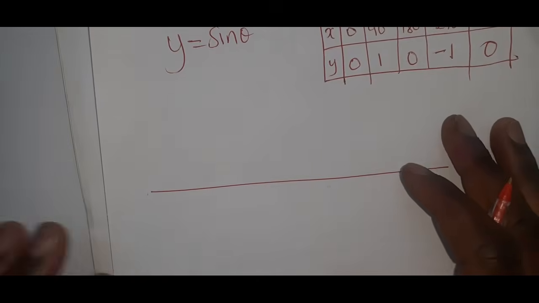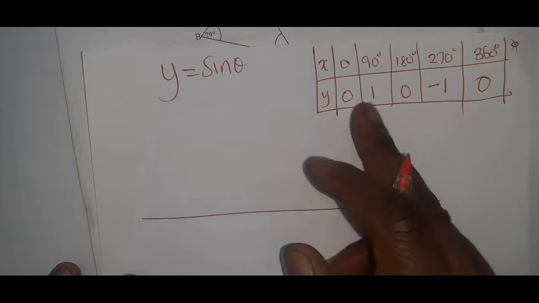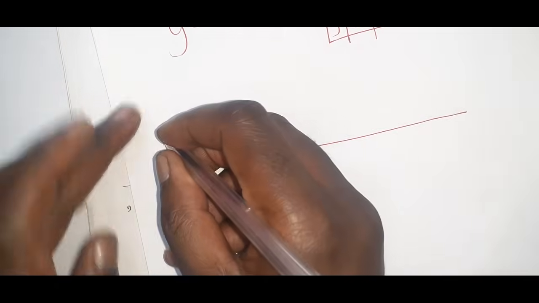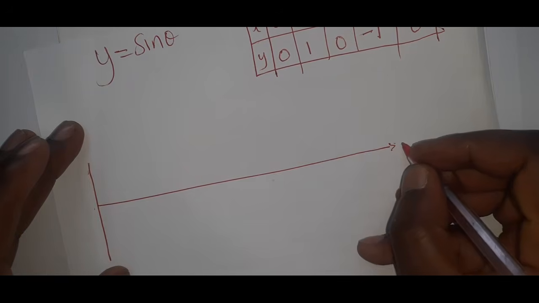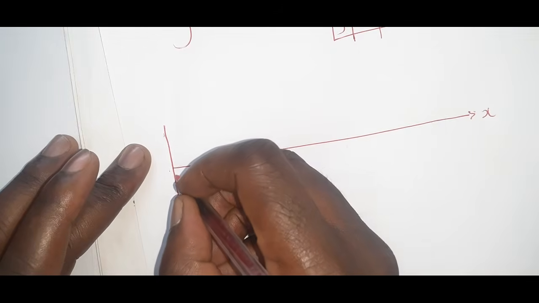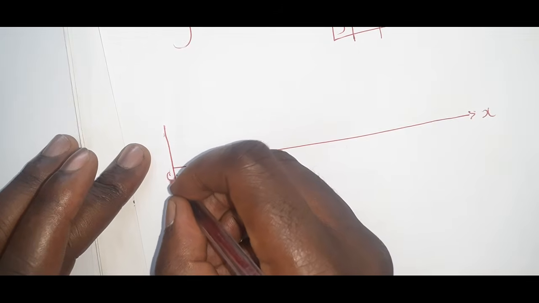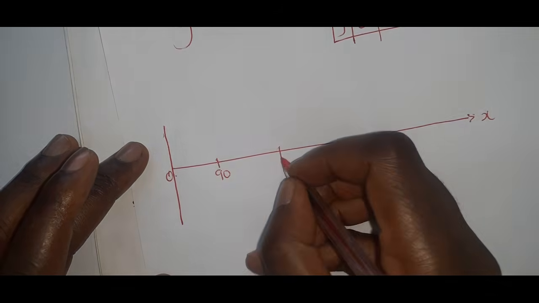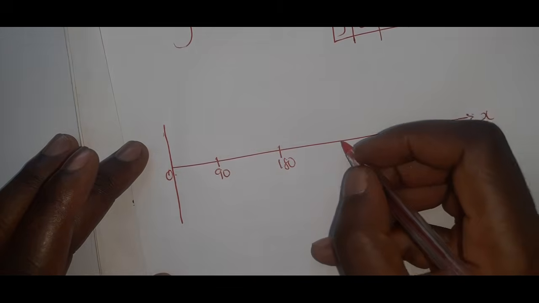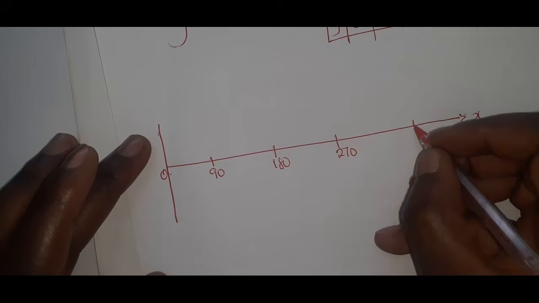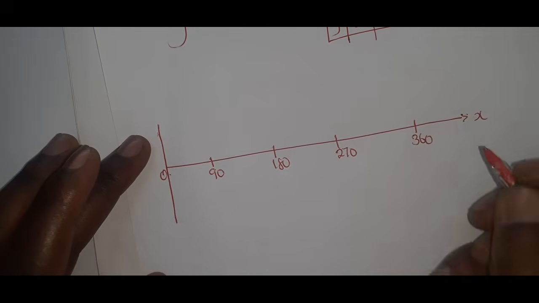Okay. Then you use now these ones. So you look at, for the x, what do we have? This is our x coordinate here. So for x, we have 0, then 90, then 180, then 270, then 360.